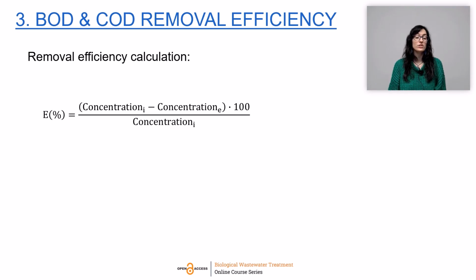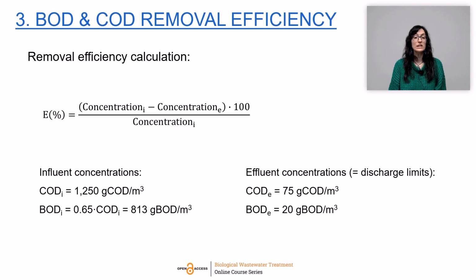Normally, the efficiency is calculated as the concentration of the influent minus the concentration in the effluent, divided by the influent concentration. With this definition, and knowing the influent and effluent concentrations, we can calculate the removal efficiencies for both BOD and COD.